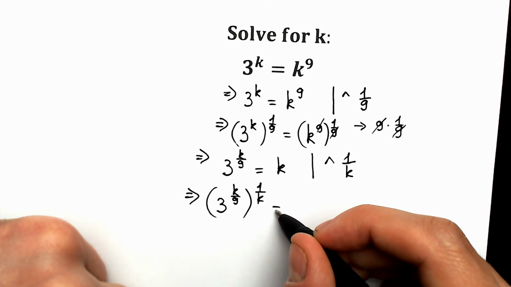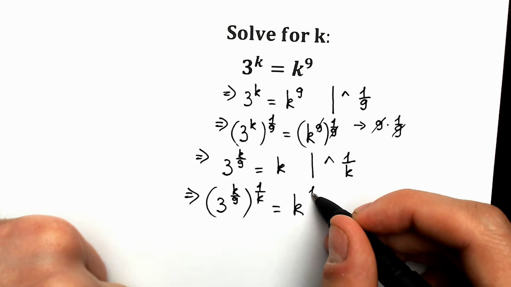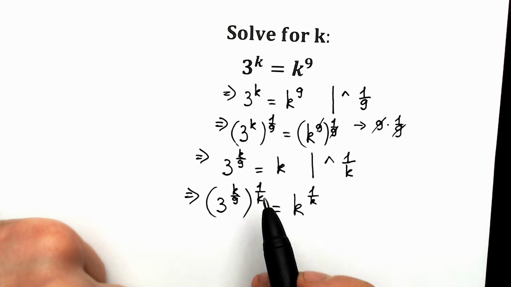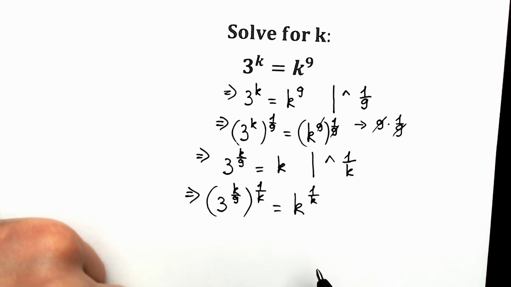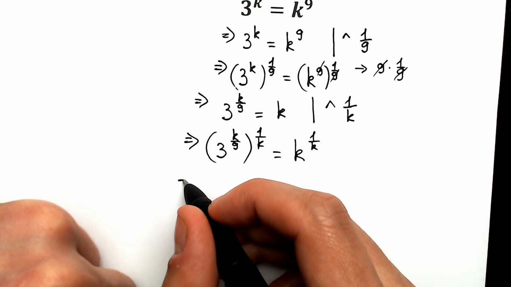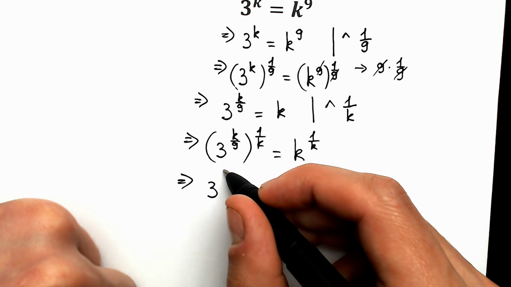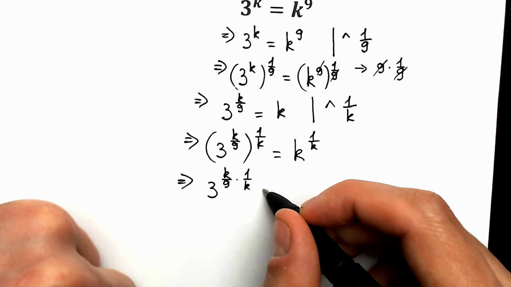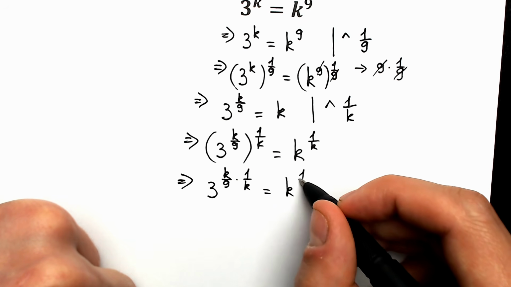And our right side, k to the power 1 over k. On the left side, we can easily cancel this k from numerator and denominator, so we can write it like that: 3 to the power k over 9 times 1 over k equals k to the power 1 over k.